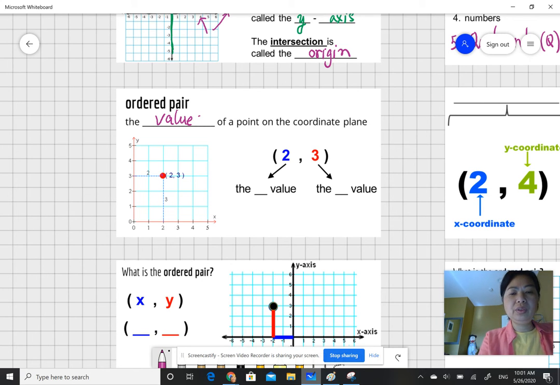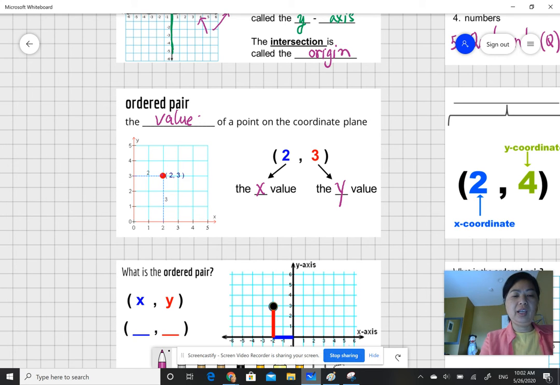For example, you have this red point. If you go down to the x-axis, it's number 2, and it goes to the left, is 3, right? So 2 is the x-axis or the x value, and 3 is going to the y-axis or the y value.